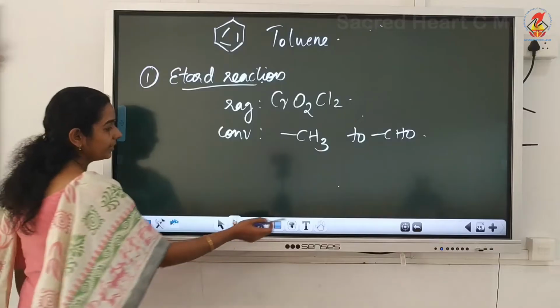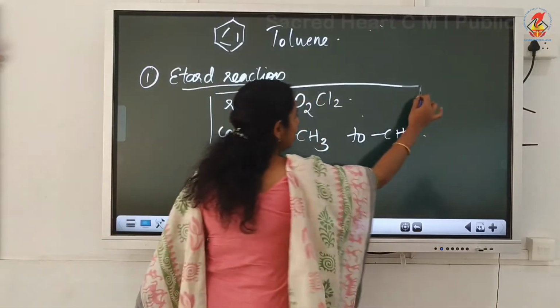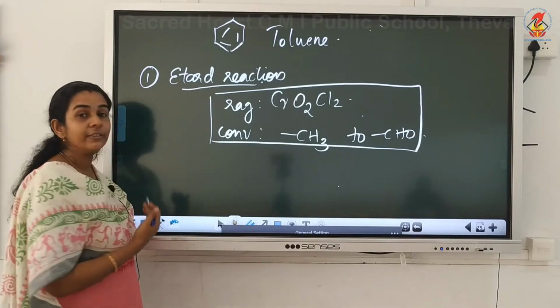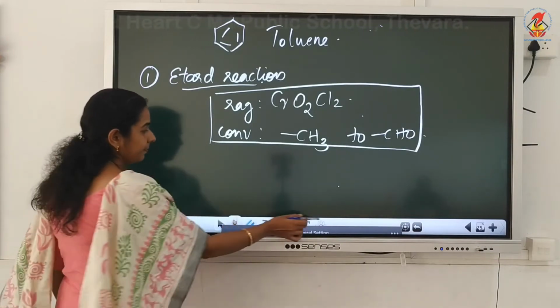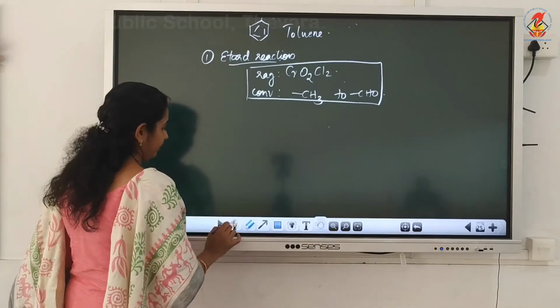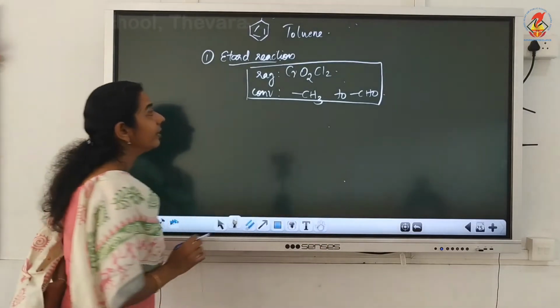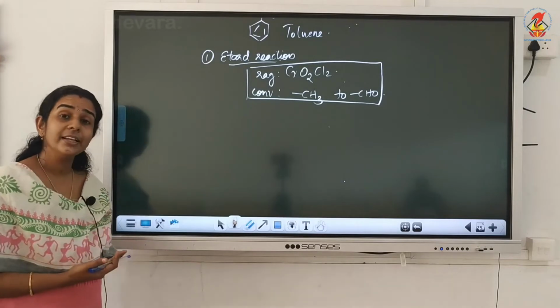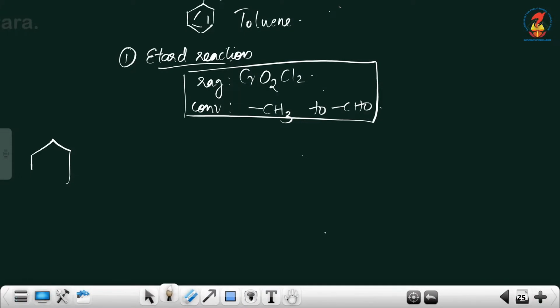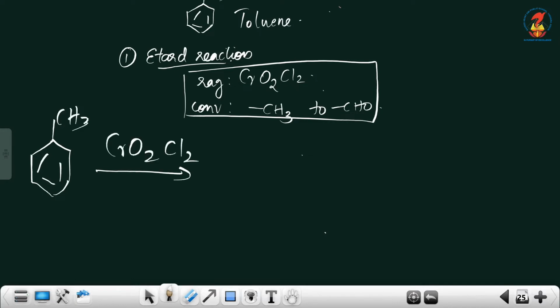Very easy to write the reaction. So first we study these 2 points: what is the reagent used and what is the conversion taking place. For example, how do we oxidize a methyl group using chromyl chloride? The equation is very important. Take toluene and treat it with CrO2Cl2.